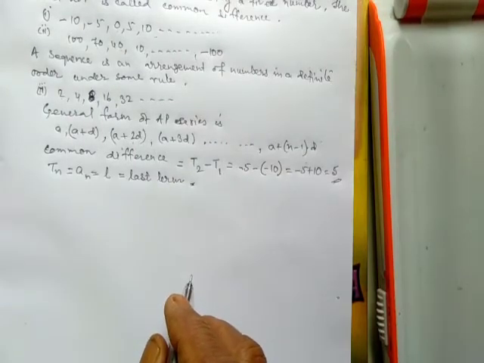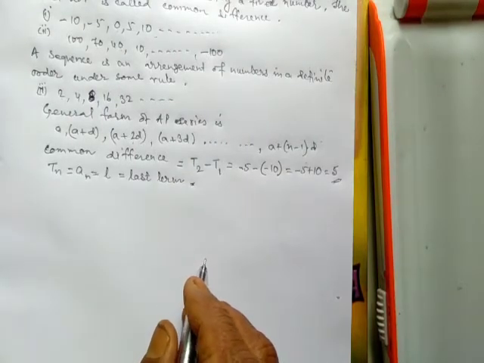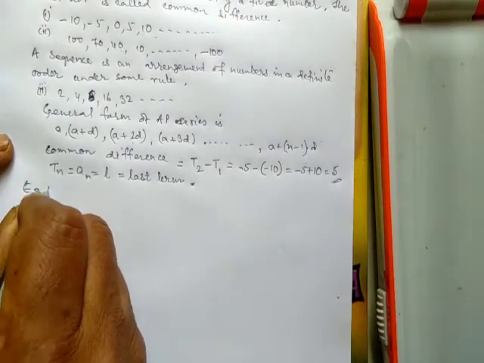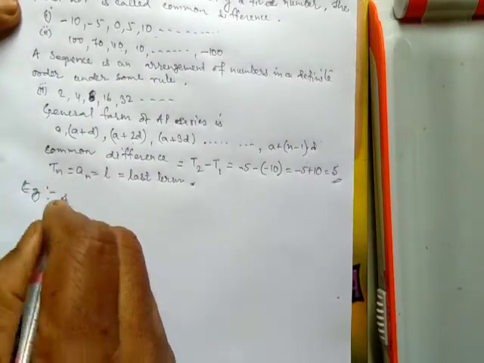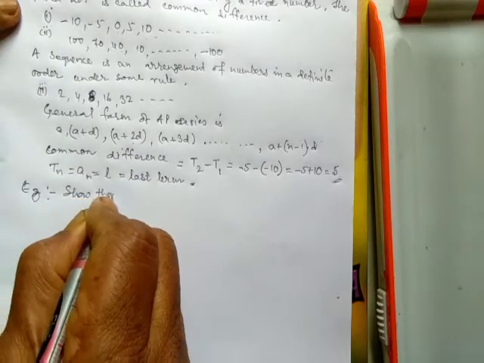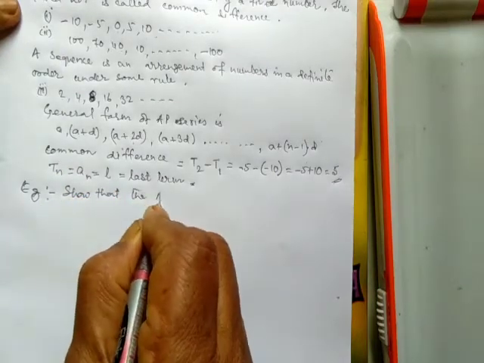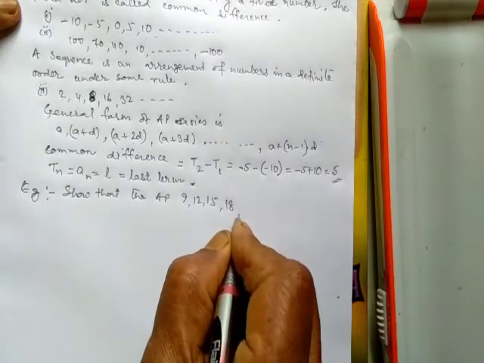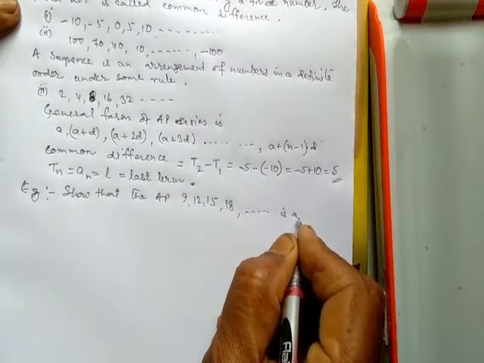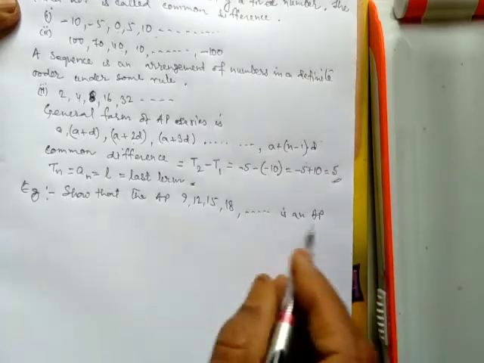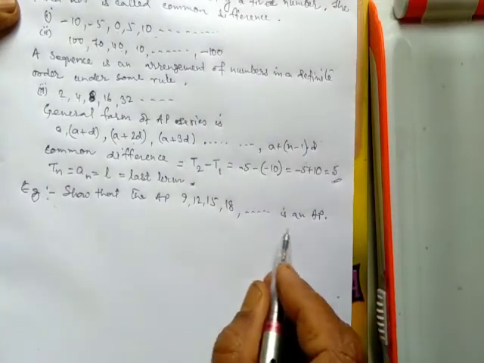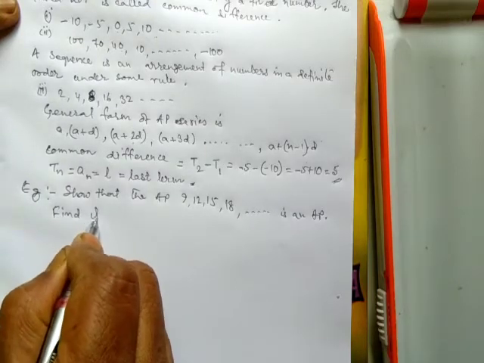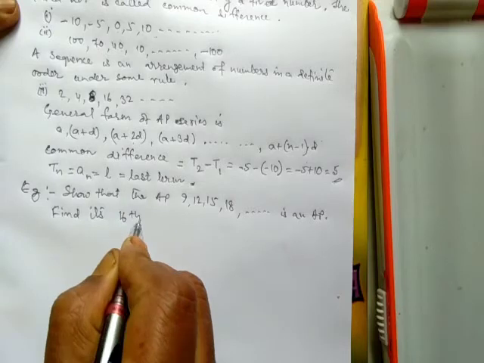Now, one example I am putting, see, example 1. The AP 9, 12, 15, 18, dot dot dot is an AP. Find its 16th term.